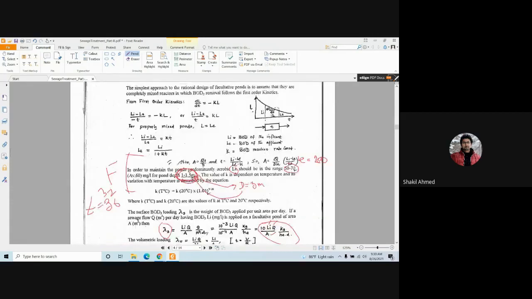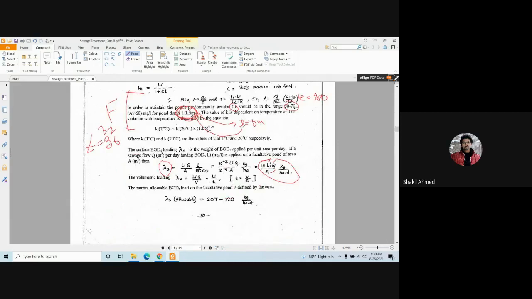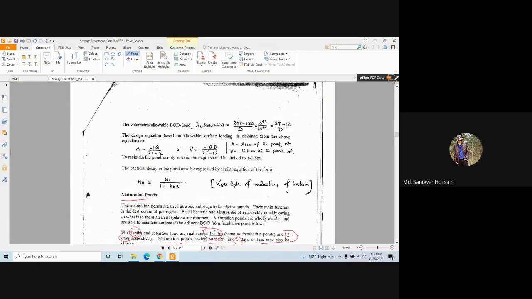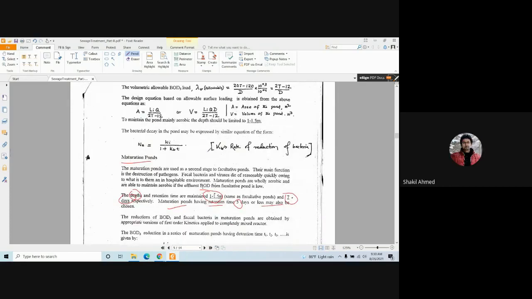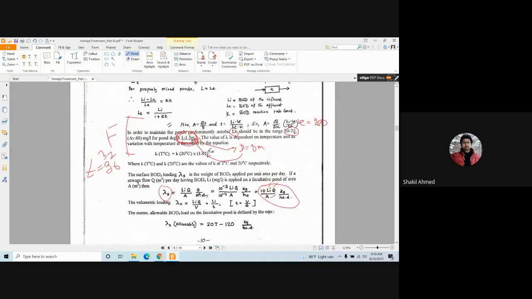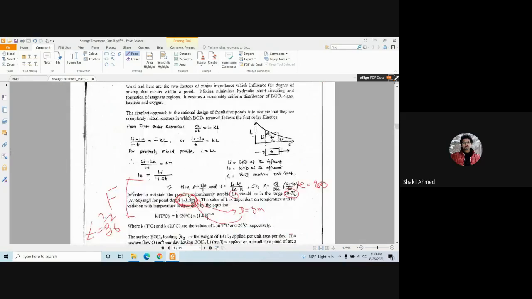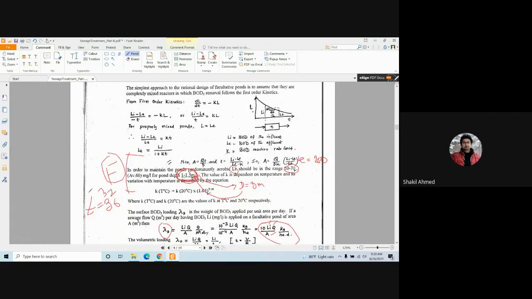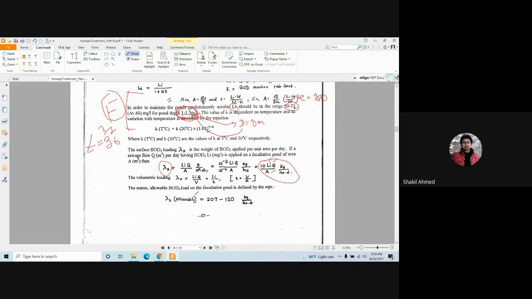Somewhere it might be written. Let's check. They didn't write it explicitly, right? So this is common in case of a facultative pond, T of 1 month or 1.5 months. This is common. You can use it. Clear?